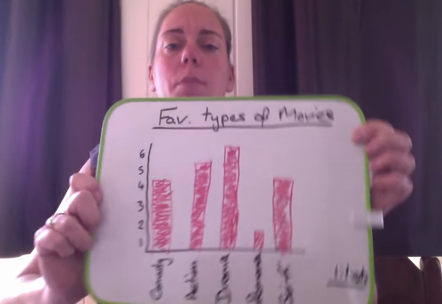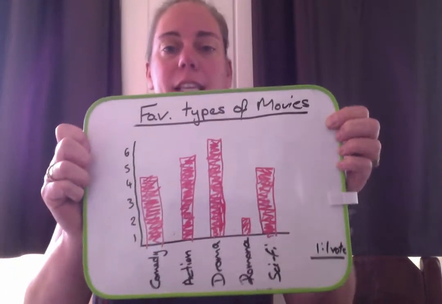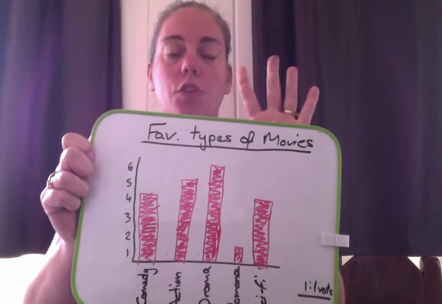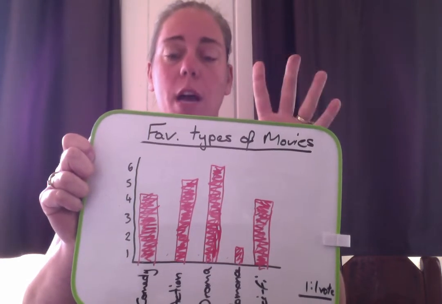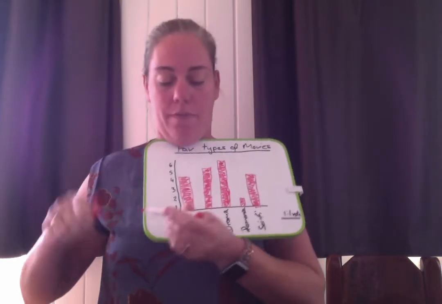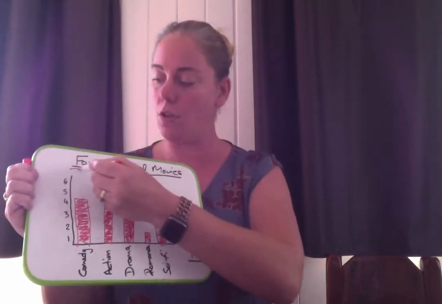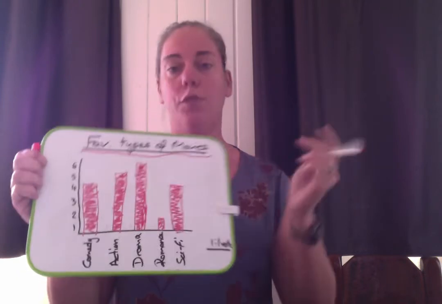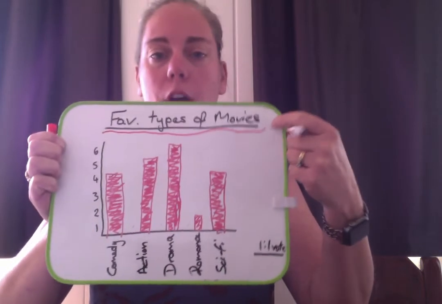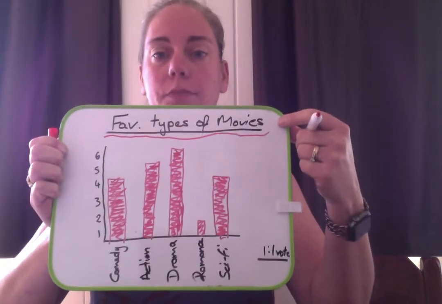Now, what you need to remember with a bar graph is that there are 4 really important things that you need to put into your bar graph. The first one is the title. You need to have a title for your bar graph. It tells us what our bar graph is actually about.